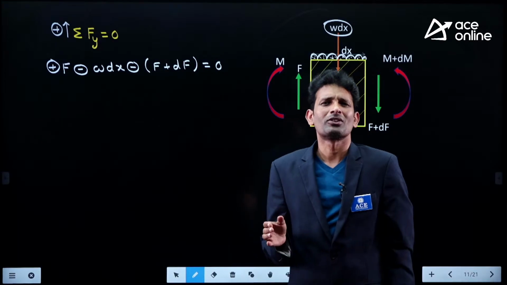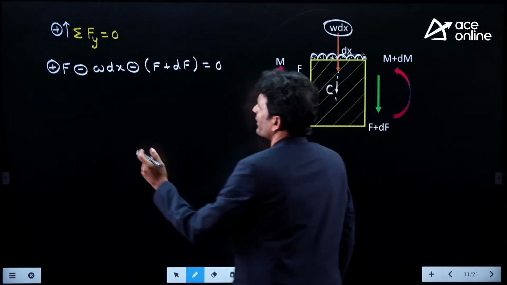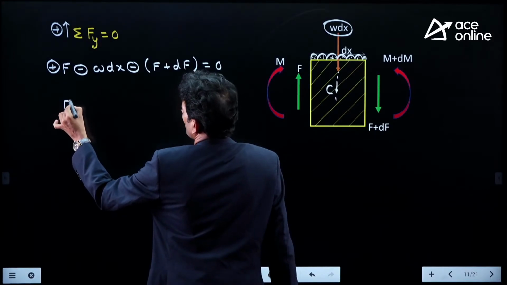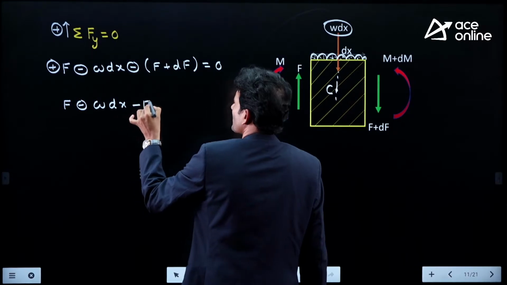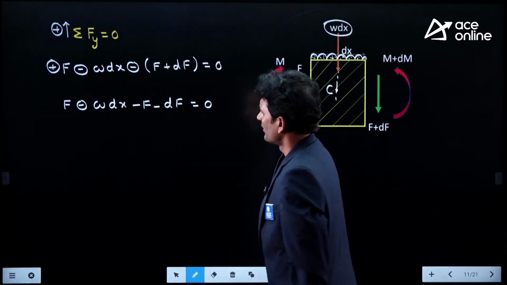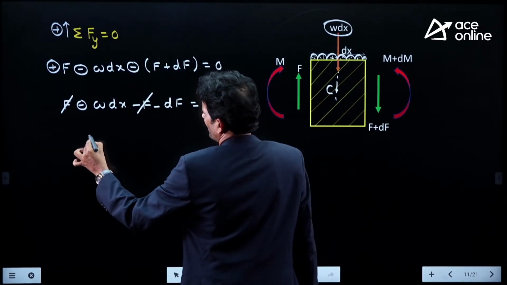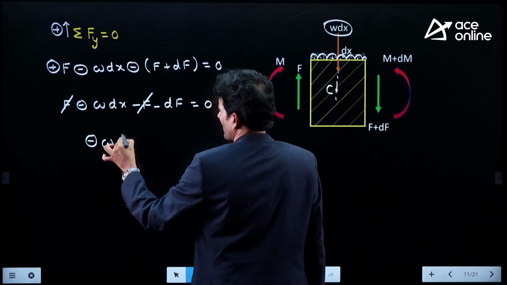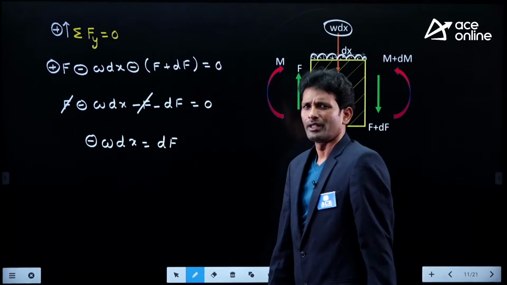So when it is at rest, it takes care of the rule of equilibrium. Now simplify this one. If you simplify this one, F minus omega dx minus F minus dF should be equal to 0. Now strike off these two terms, then minus omega dx should be equal to dF, my dear friends, dF.